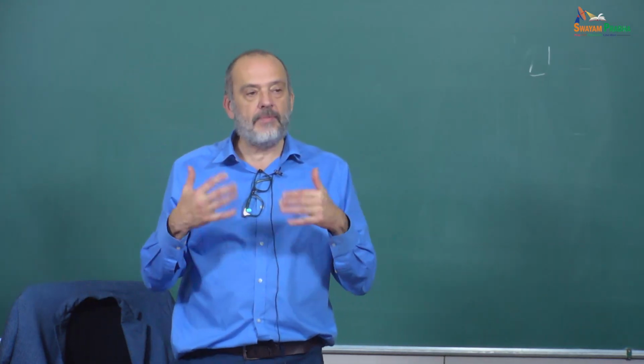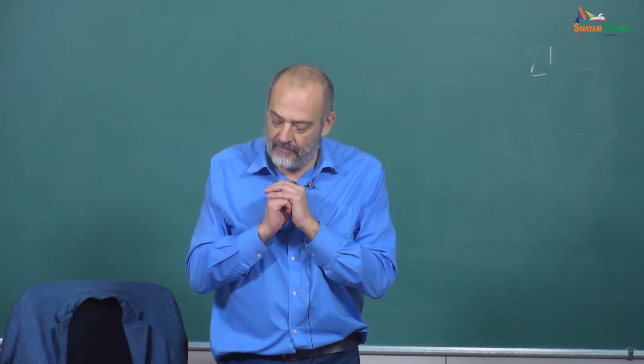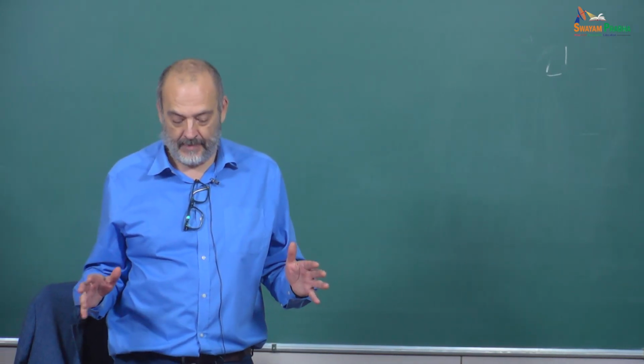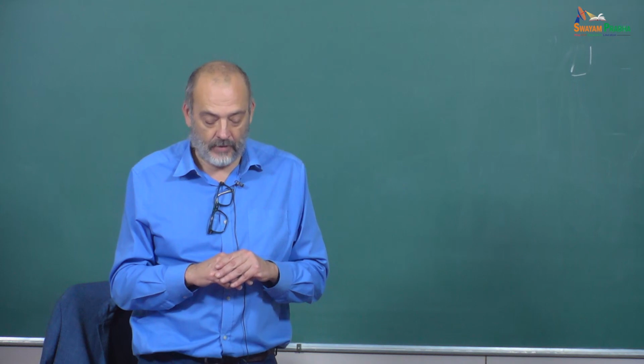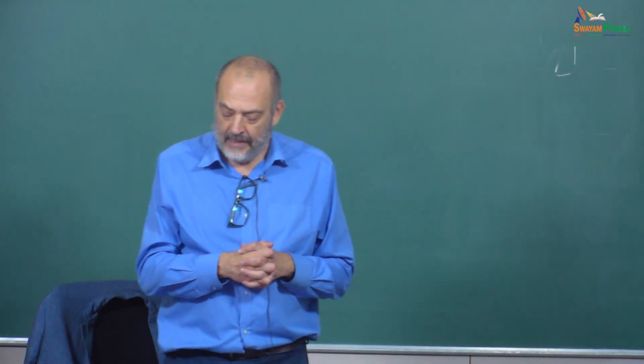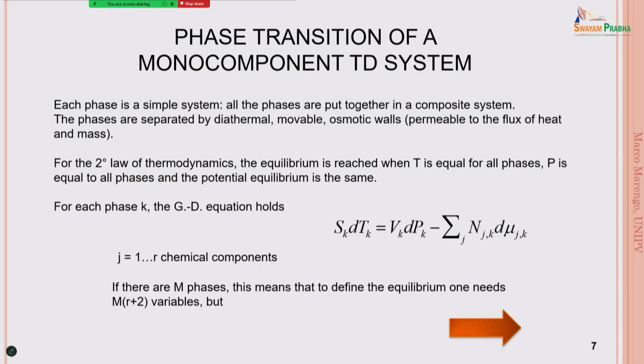So this is the Gibbs-Duhem equation. And then we can write this for each chemical component and each phase. So if the system has m phases, the equilibrium postulate says that for a monocomponent we have r plus 2 variables. If we have m phases, we need then m multiplied by r plus 2 variables.